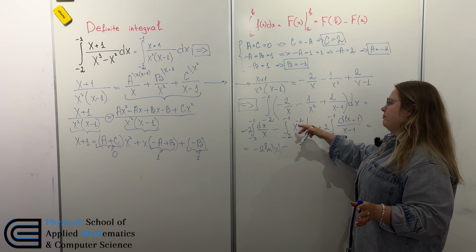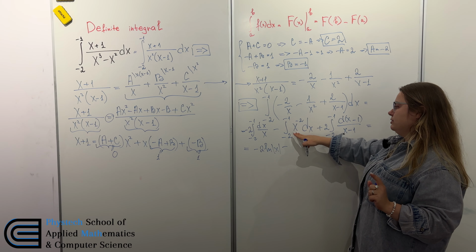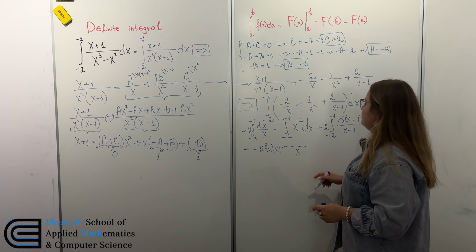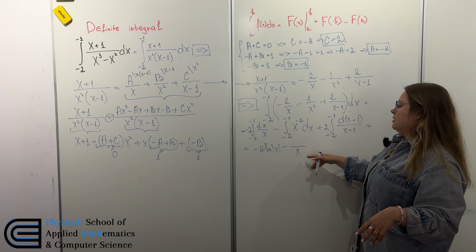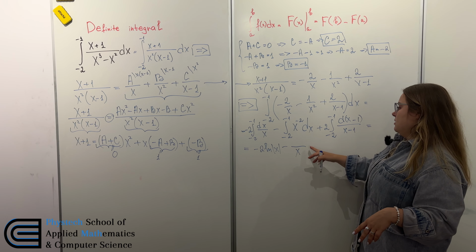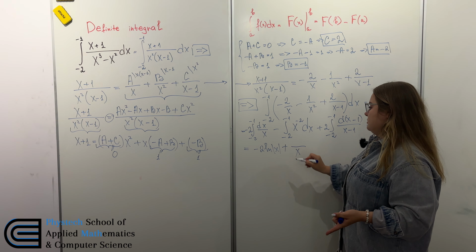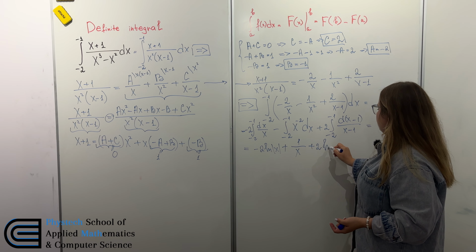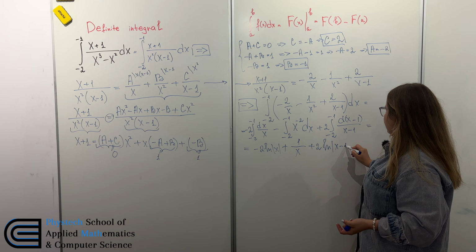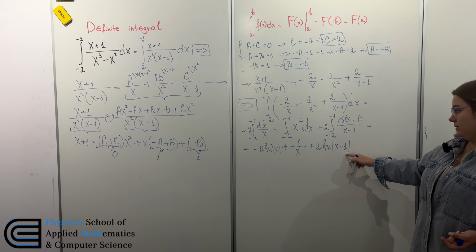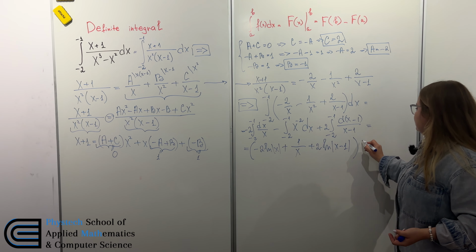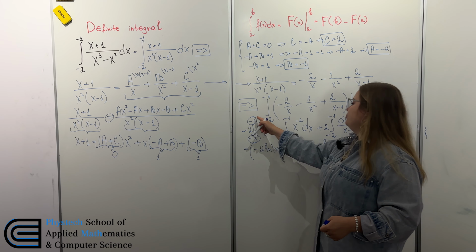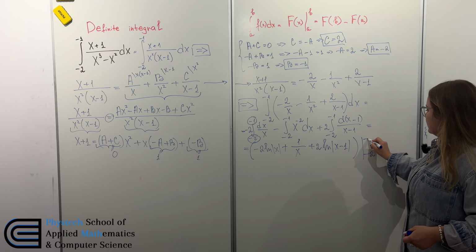Here we need to add 1, so it will be x to the power of -1. So our x goes down, and we need to divide by -1. So it gives us plus here, and here will be 1, then plus 2 logarithm of, again, absolute value of x minus 1. And of course, this integral is definite. We have -2 and -1, and we need to write it here.